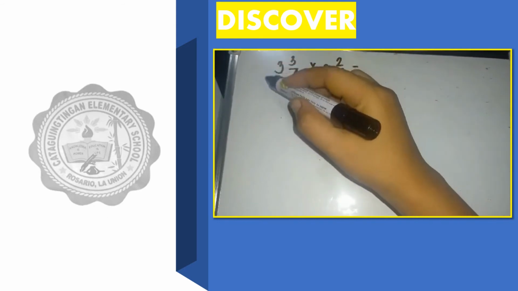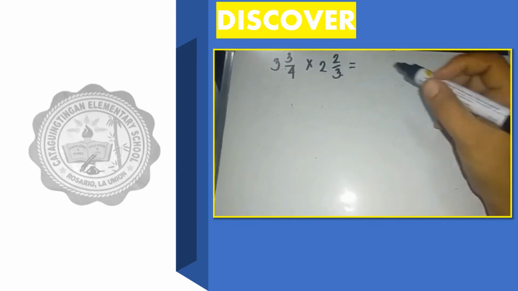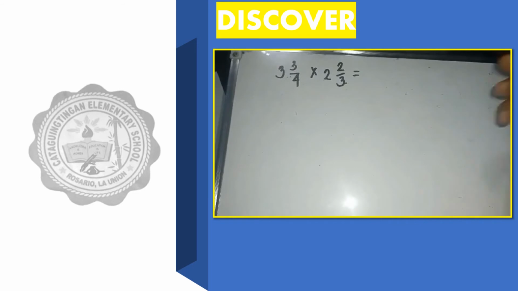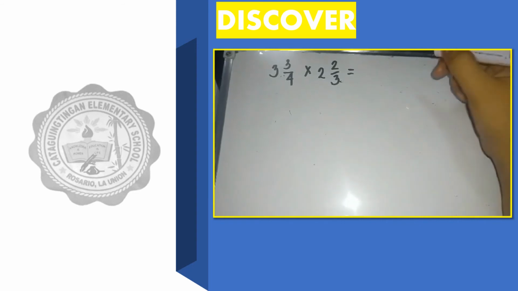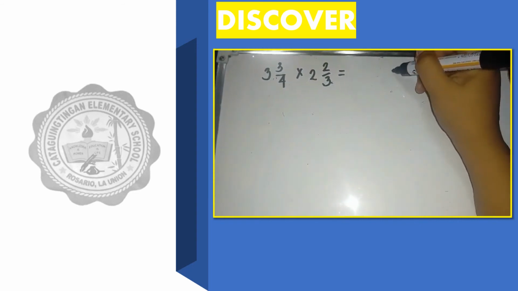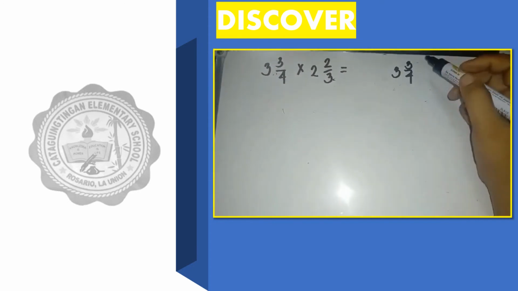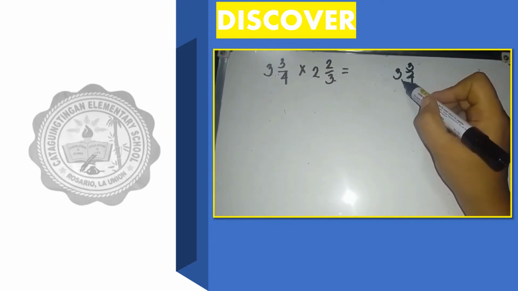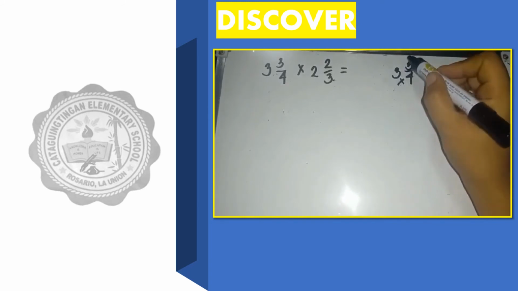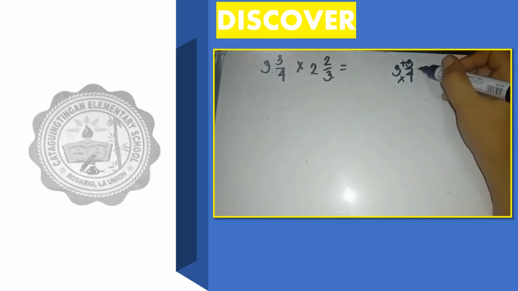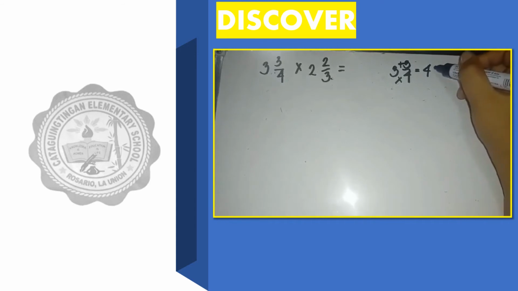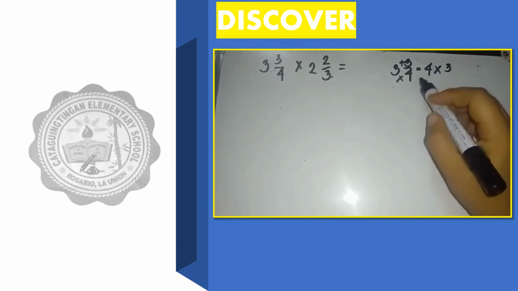So itong mga mixed number na yan, i-change natin siya sa improper fraction. So, let's start with 3 3/4. So, madali lang yan. 4 times 3 plus 3. So, ganyan lang. So, ito yung 4.